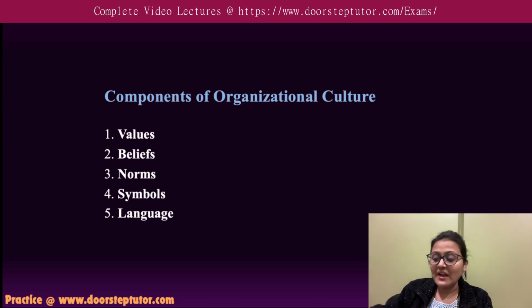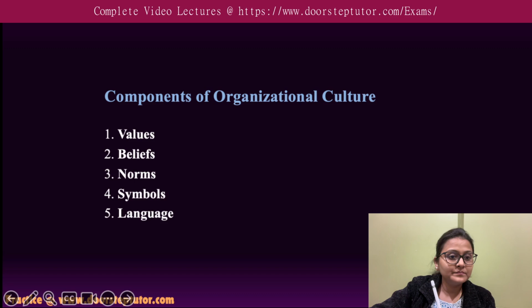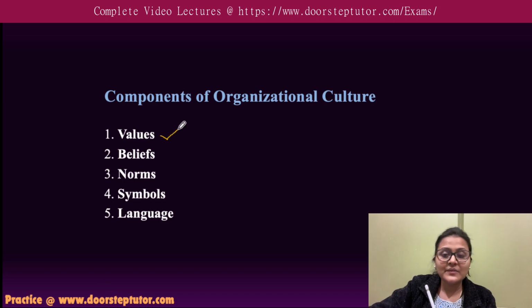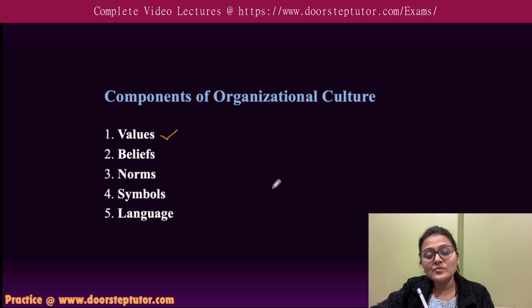First, under this, we have values. Values are the core beliefs and principles that guide an organization's operations and decision making.